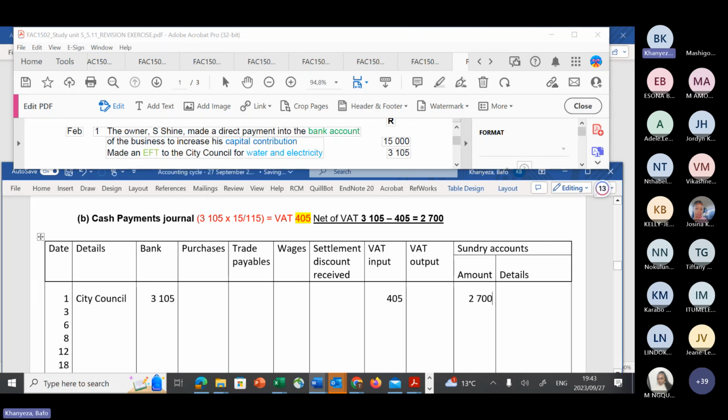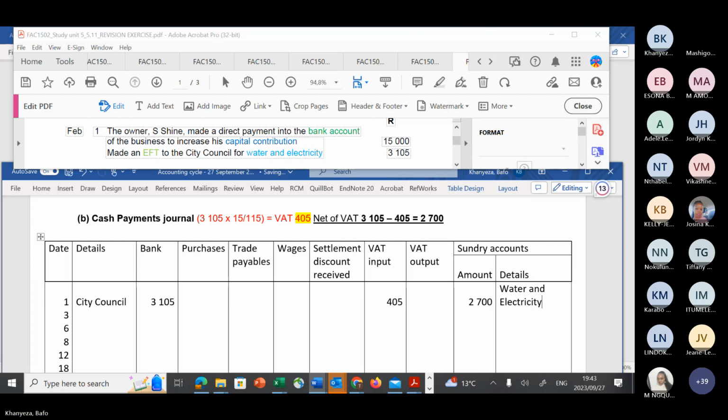Then what are the details? Which account are we dealing with? Water and electricity.